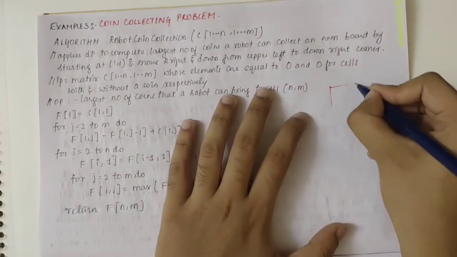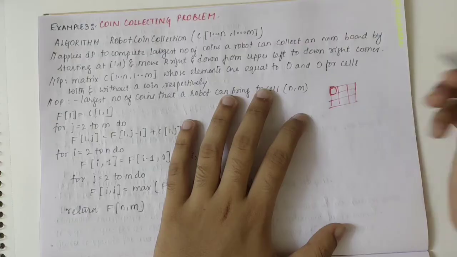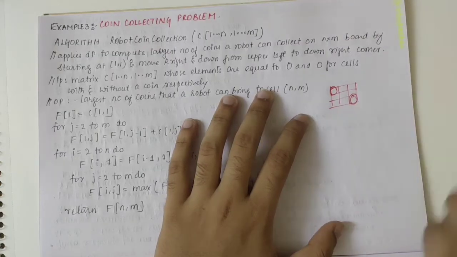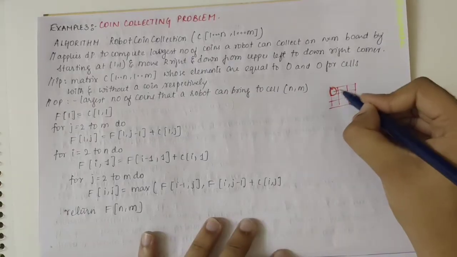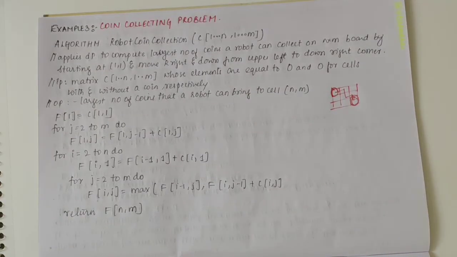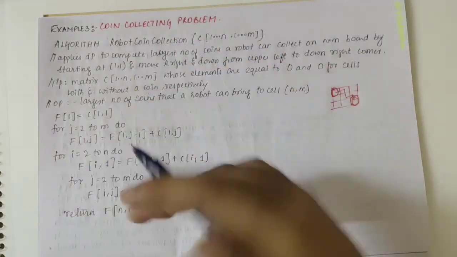Suppose let's take this as a box. It has to start from this position and reach this position. Robot has to move in such a way and select the largest number of coins in the process. That's what the coin collecting robot problem states.